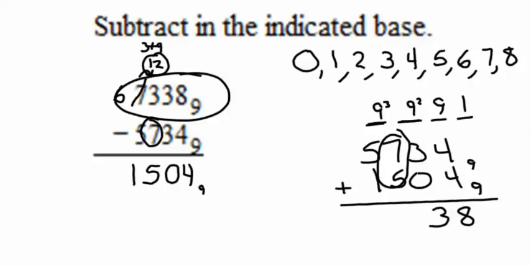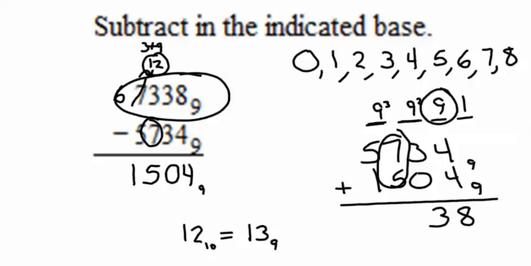But if you have 12 in base 10, in base 9, that means you have one group of 9, and you have 3 left over. So we don't say 13, we say 1, 3.